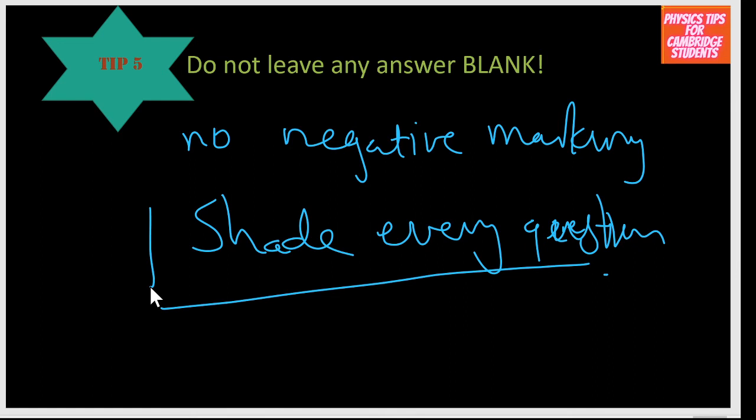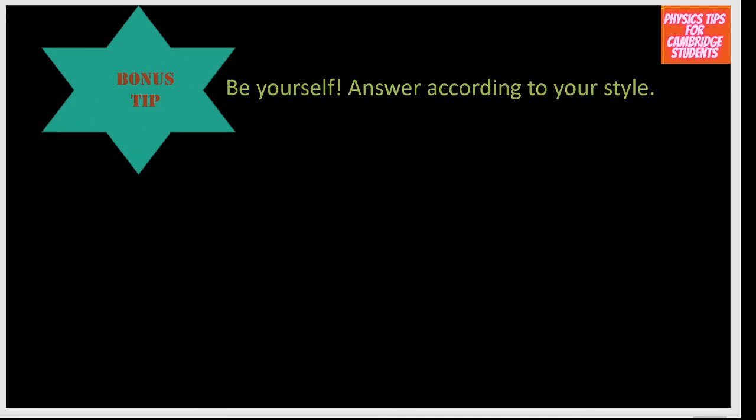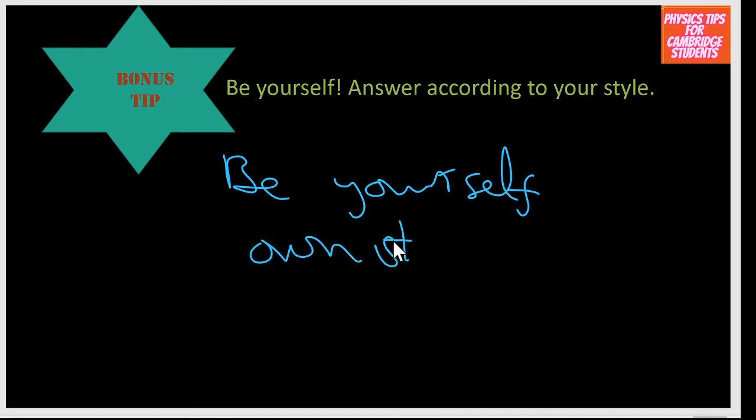Now that you've watched until this time, I am going to reveal my 6th bonus tip. Now, in this multiple choice exam, you should always be yourself, okay? You should answer according to your own style, okay? So be yourself and answer according to your own style. So what do I mean?